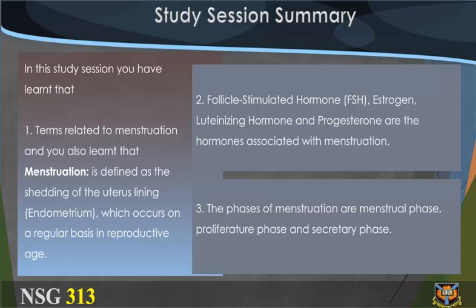Follicle stimulating hormone, FSH, estrogen, luteinizing hormone, and progesterone are the hormones associated with menstruation. 3. The phases of menstruation are the menstrual phase, proliferative phase, and secretory phase.